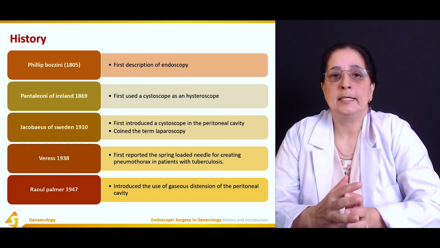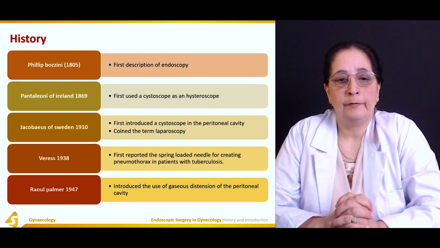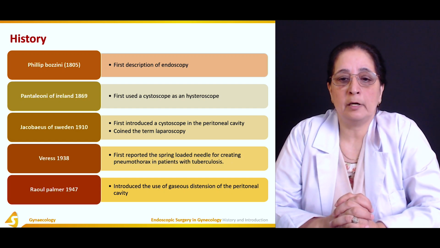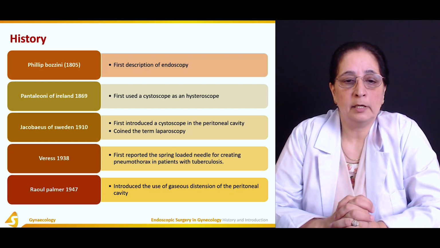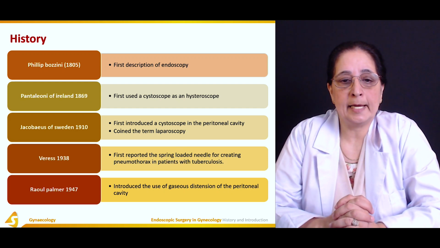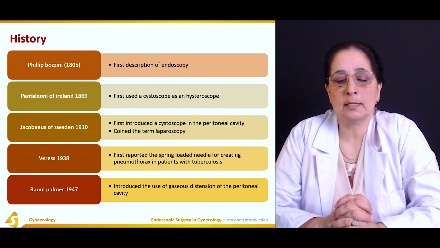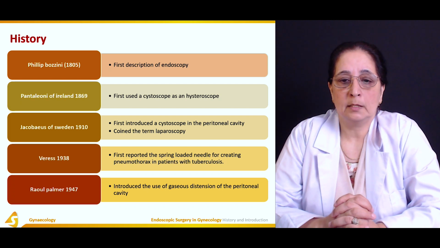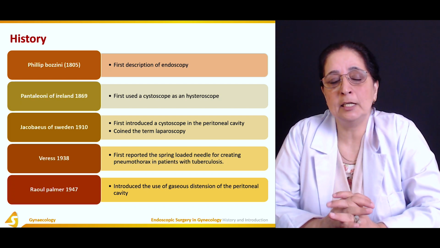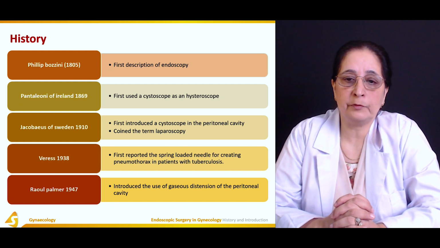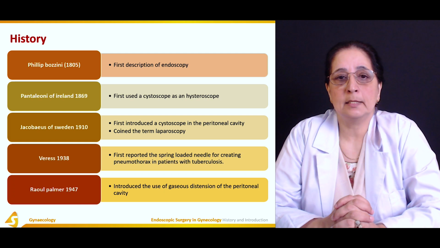First, in 1805, Philip Bozzini started the first description of endoscopy. And then after that, Pantaleone of Ireland in 1869 first used a cystoscope as a hysteroscope. Cystoscope is used basically to see inside the cervix.